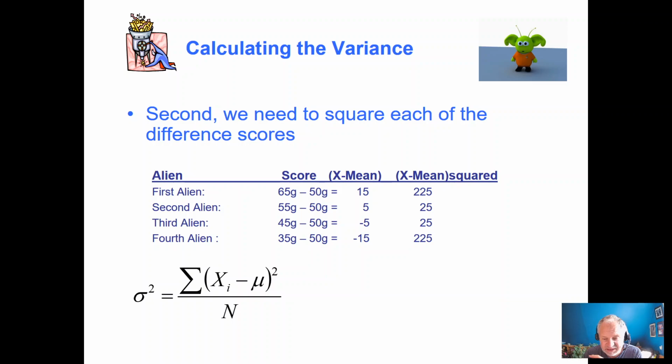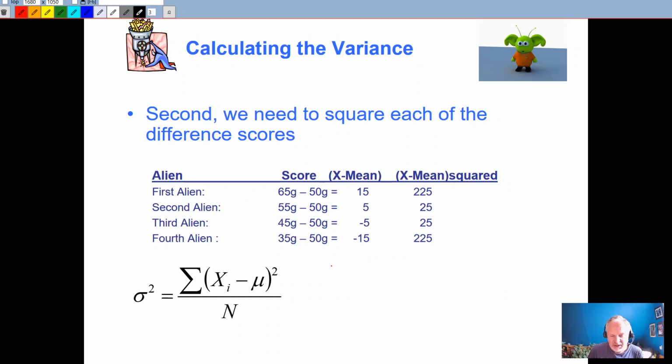Now, it costs me a little bit because my unit of measure has changed. Let's say I take 5 grams, and that's this one right here, and I multiply it by 5 grams, I'm squaring it, that's going to be 25 grams squared.